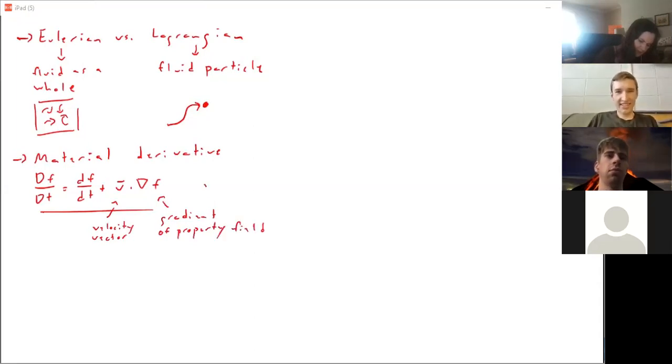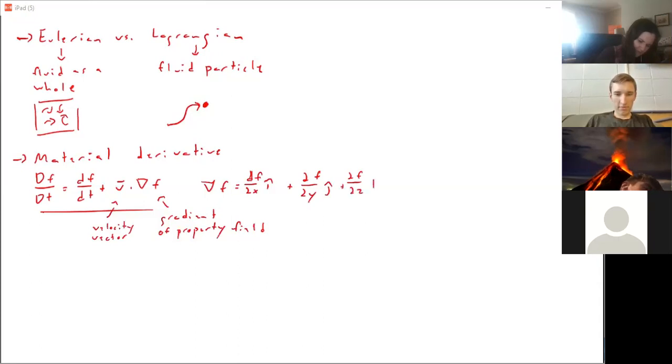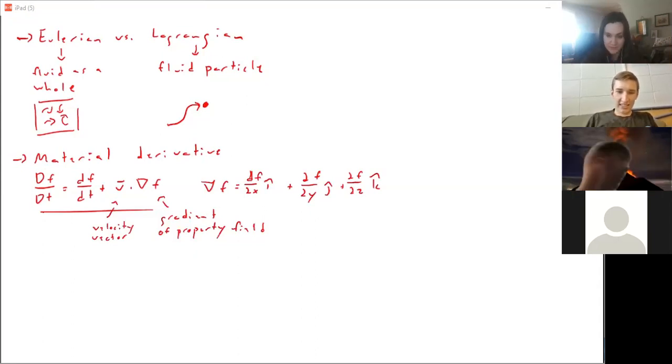So, a reminder about gradients, that's df dx i plus df dy j plus df dz k. Cool. And the only thing there is it's actually pretty straightforward, but you do need to know how to take the different components of a vector and to take the derivative of each of the parts and then dot them together. So it takes a little bit of multivariable calculus, but it's actually quite simple.